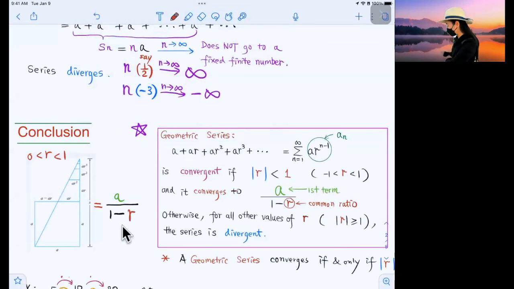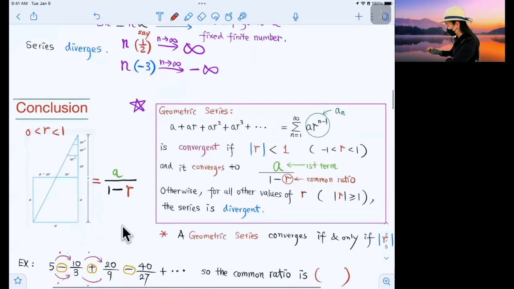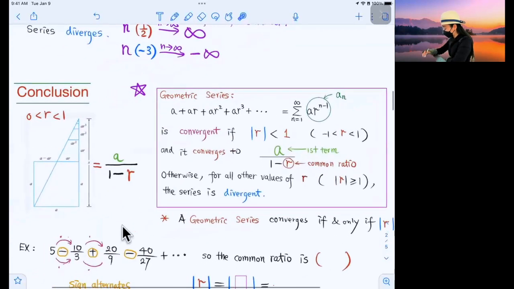So we actually know how long this one is. So that's the name why I call it geometric series. I think it has this geometry in it.